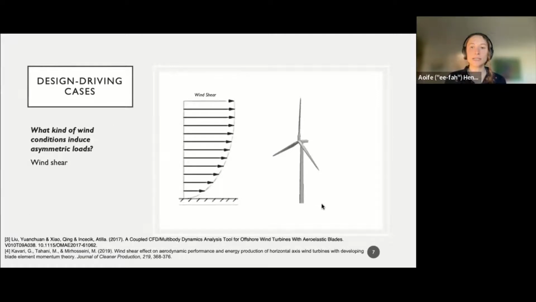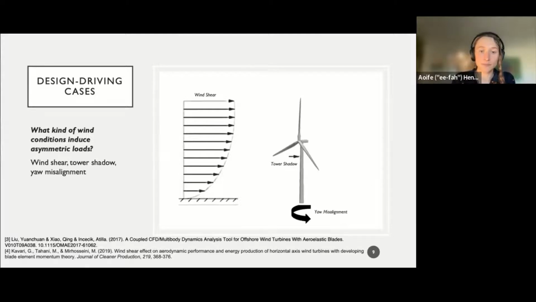So what kind of wind conditions will induce these 1P loads, or once per revolution? Well, firstly, wind shear, or the variation of wind speed with distance from the ground, which will be significant for larger turbines across the rotor area. Secondly, tower shadow, where the effective wind speed incident on a blade is reduced as it passes the tower.